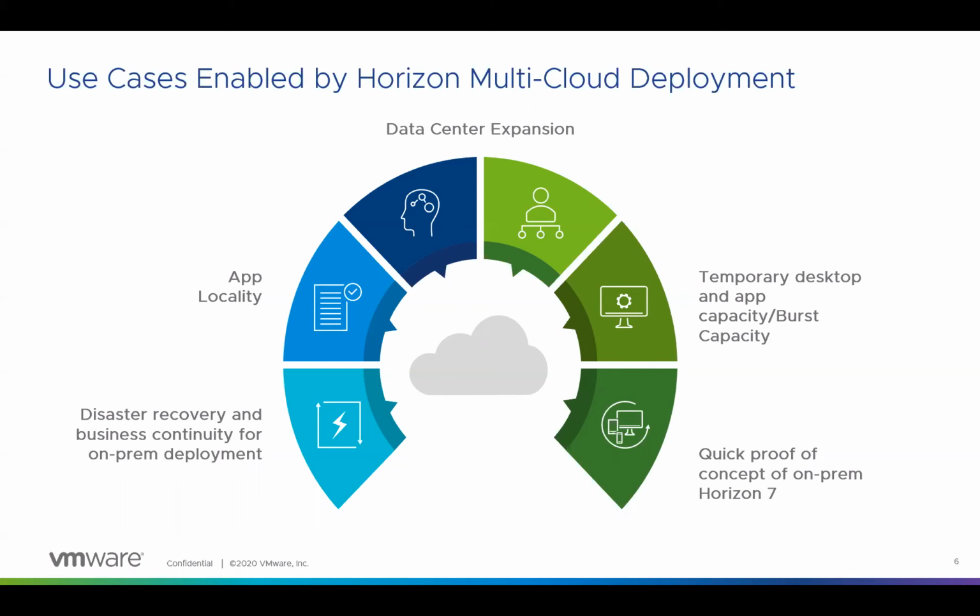Also, disaster recovery is another use case for us. Now, in this specific webinar, we're talking about how we utilize the multi-cloud deployment, especially on AWS, to help our internal colleagues expand their virtual desktop environment and make it available whenever they have an additional requirement for a virtual desktop as a work environment, like a new hire, mergers and acquisition, etc.